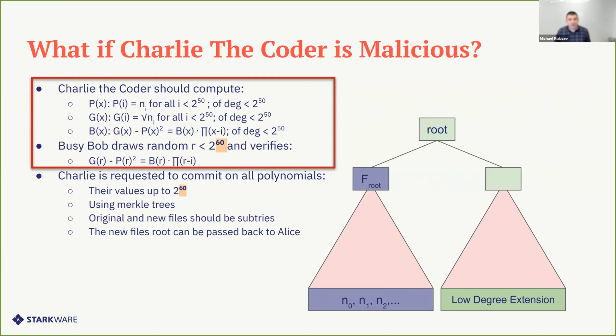Now Charlie can do this, now Bob can do the same test, but whenever Bob asks Charlie a value of the polynomials, Bob would ask Charlie to provide the Merkle authentication path to show that this value is indeed what Charlie has committed on. This prevents an adaptivity from Charlie.